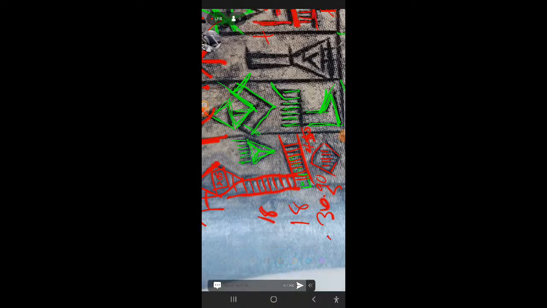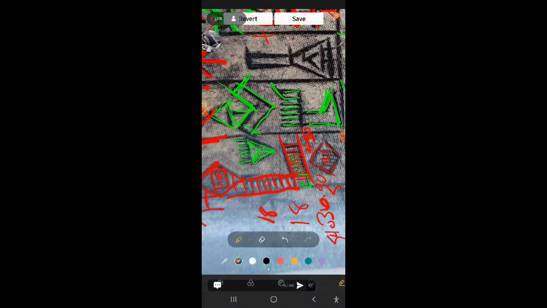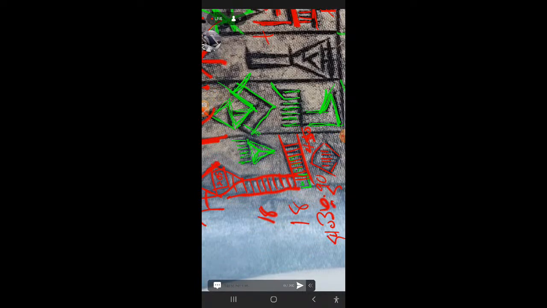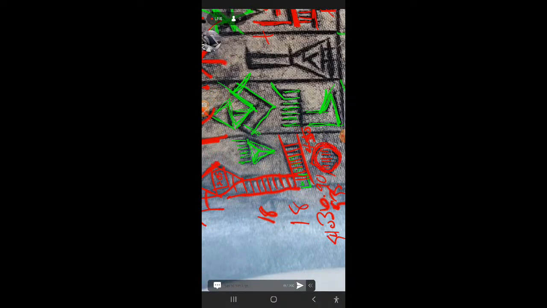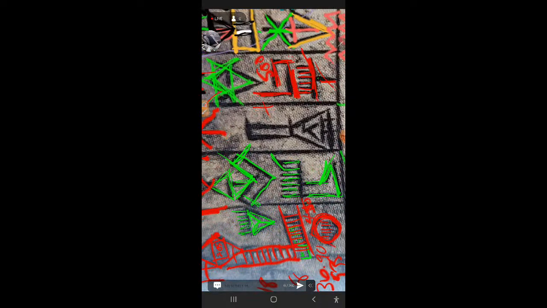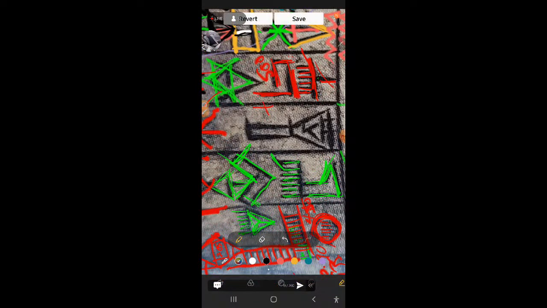So 540. Or maybe even a little less. Maybe 530 degrees here, maybe. Total. I don't know. Seems awfully close.